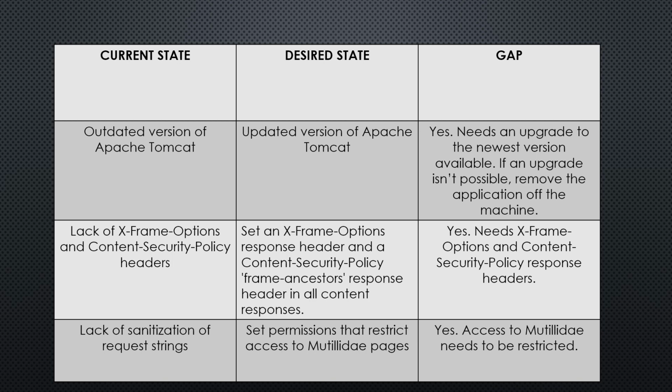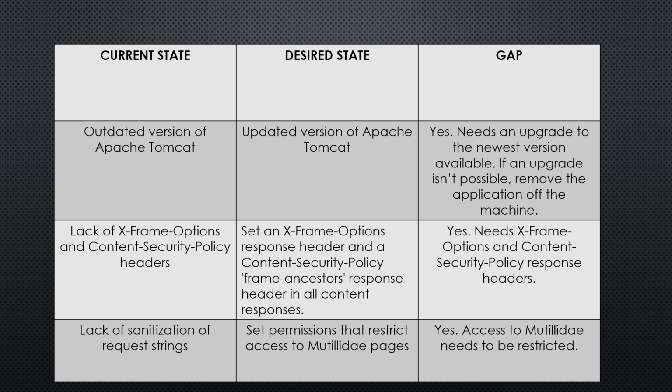There is a gap in all 3 states. As far as Apache Tomcat, there needs to be an upgrade to the newest version available. If an upgrade isn't possible, remove the application off the machine. Same for X-Frame-Options and Content-Security-Policy headers. Those 2 need to be set in order for cross-site scripting and clickjacking to no longer be a vulnerability.